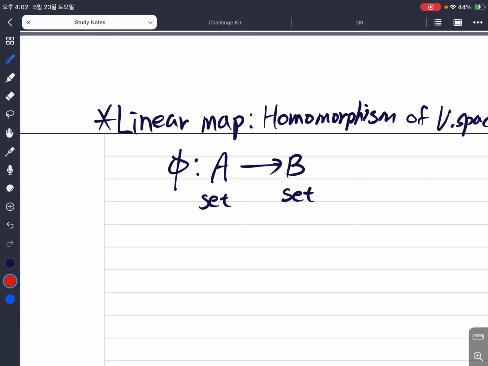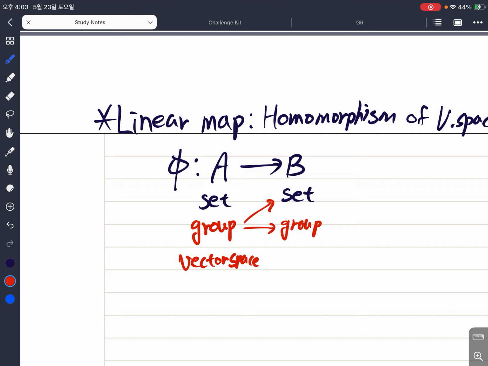But the question is, if it is a group, after the map, because it is a map, it can just give a set. In a group, what we want is that the map sends group to group. This is called homomorphism in a group. Similarly, we are in vector space.